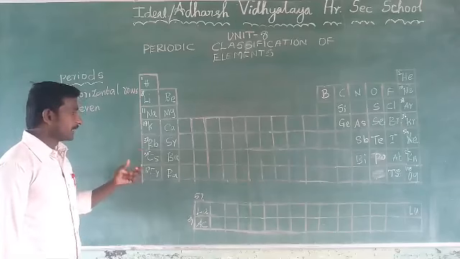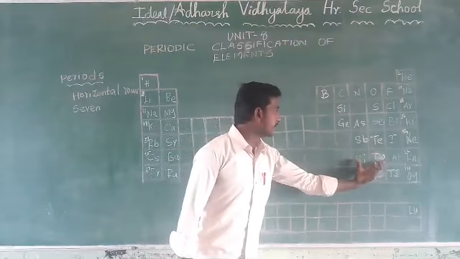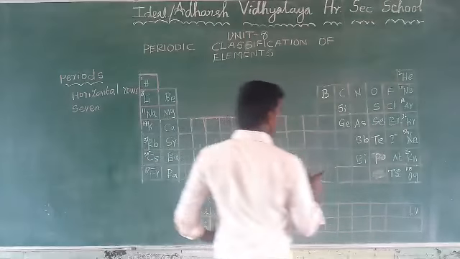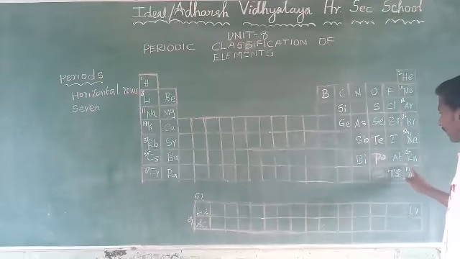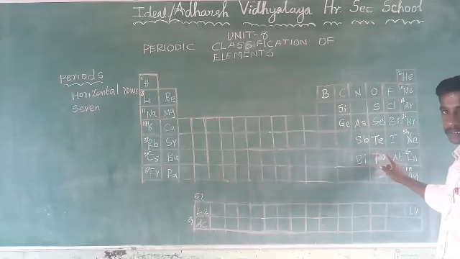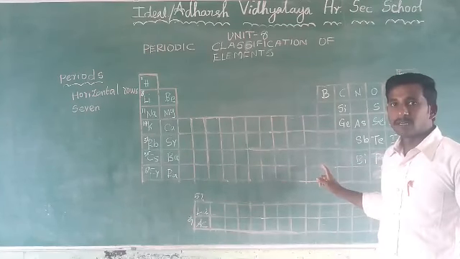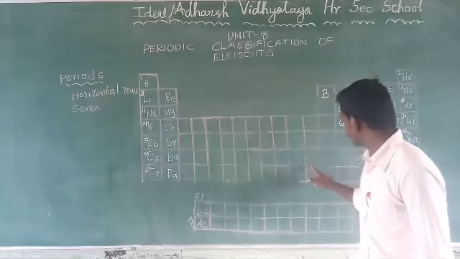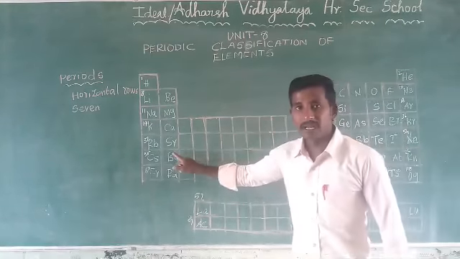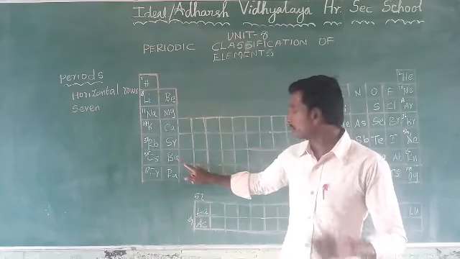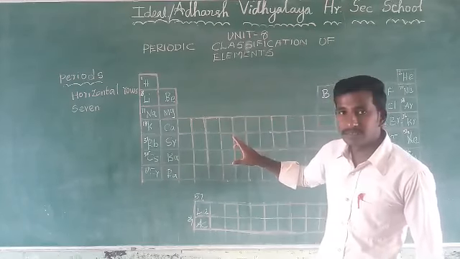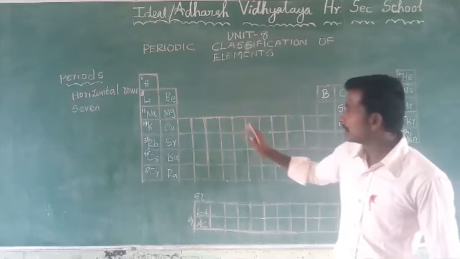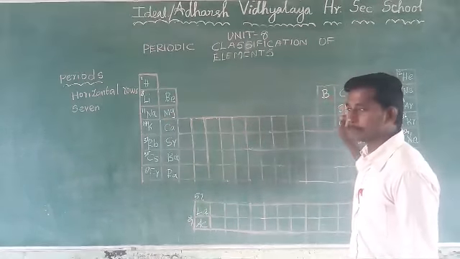In that, 8 normal elements: here 2 normal elements, here 6 normal elements. Totally 8 normal elements and 10 transition elements. I already told you the transition elements are present in the middle portion, between the left portion and the right portion.